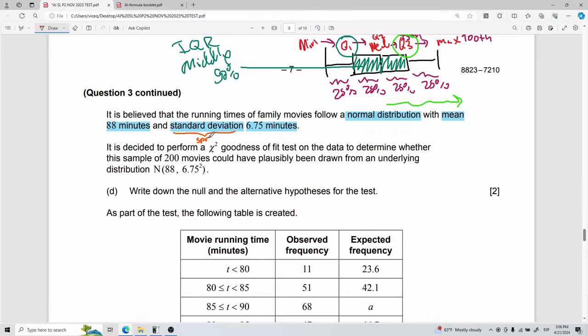A bigger standard deviation means that your data is much more spread out. And 88 minutes, your mean, we can associate to average. I just want to start off by saying that to make this a little more friendly. So on average, these movies last 88 minutes, and the spread from one to the other is usually 6.75 minutes.